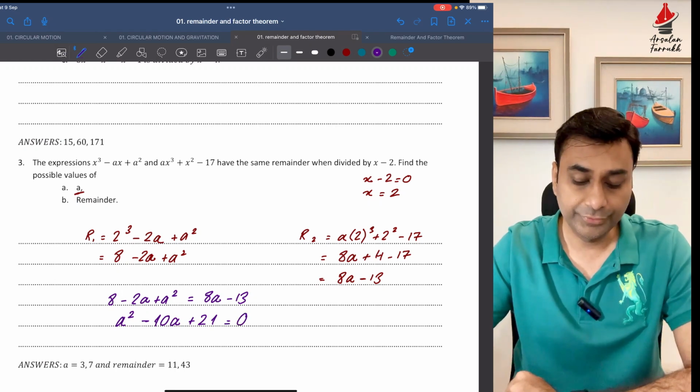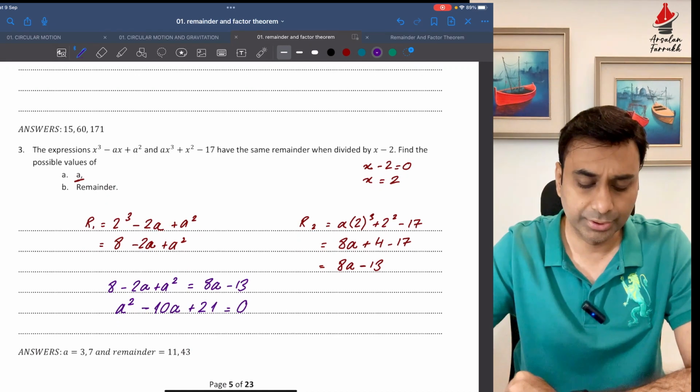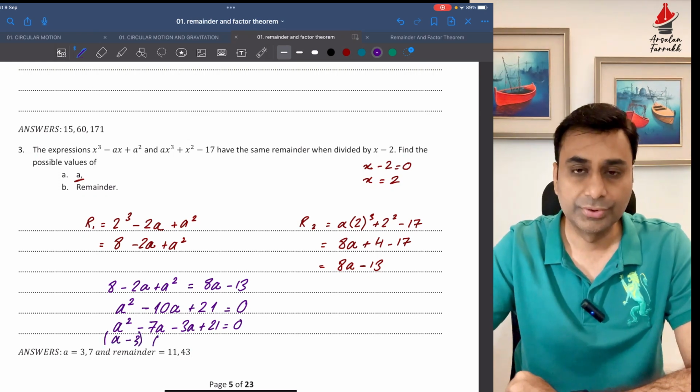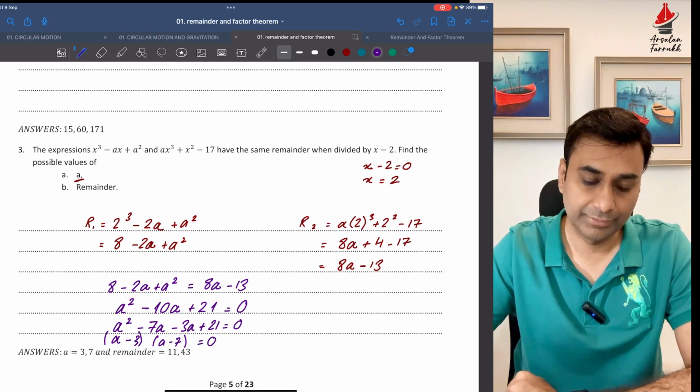And then I'm going to have to solve this equation to find out the value of a. I can simply do the middle term breaking, a square minus 7a minus 3a plus 21 equals 0. a minus 3 and a minus 7 are two factors. So the value of a comes out to be 3 and 7.